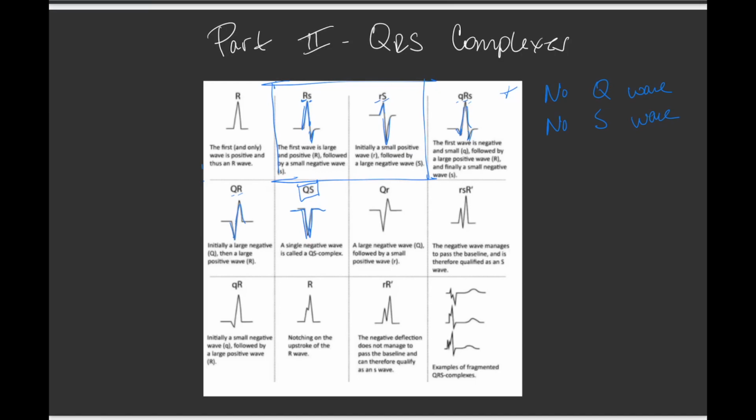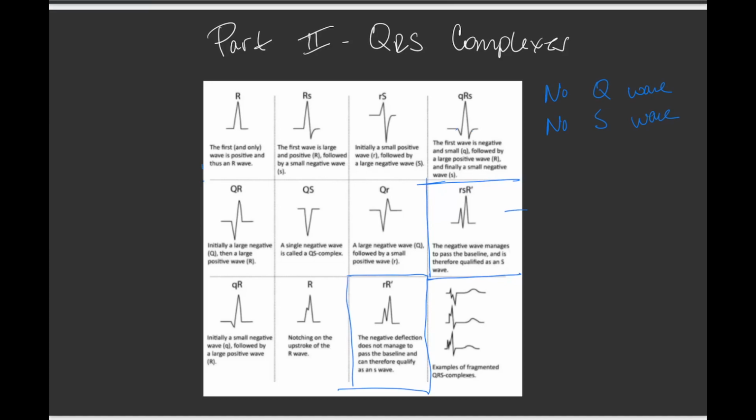Another thing to note is, what's the difference between this and this? They both have a positive followed by negative, followed by another positive deflection.